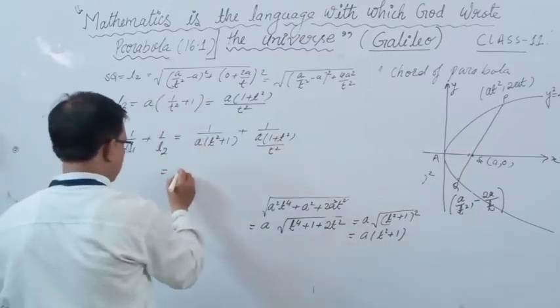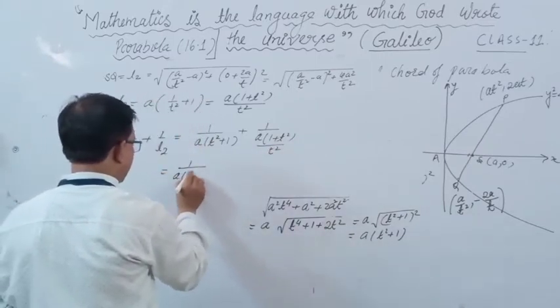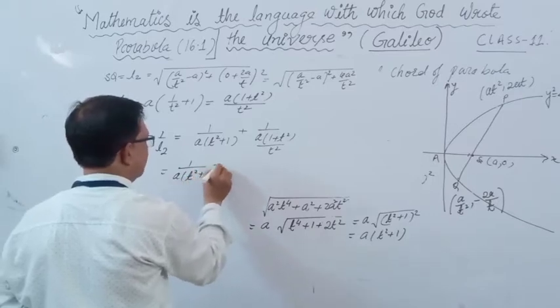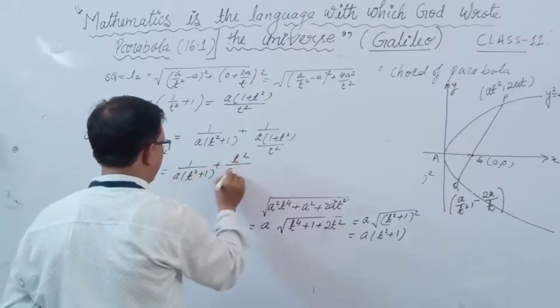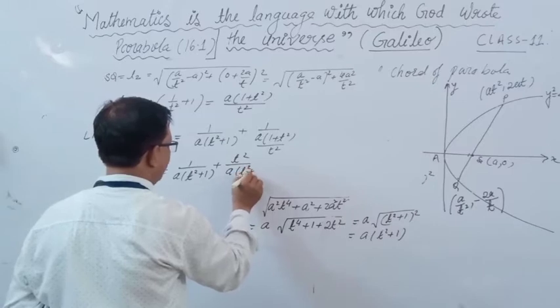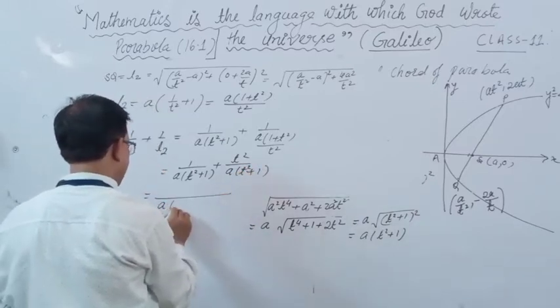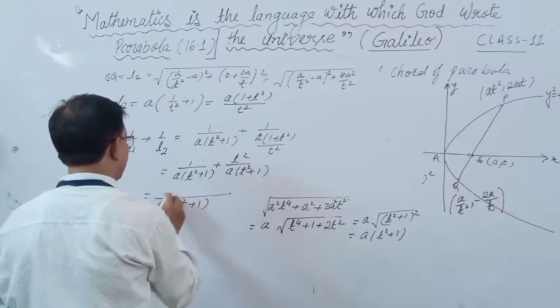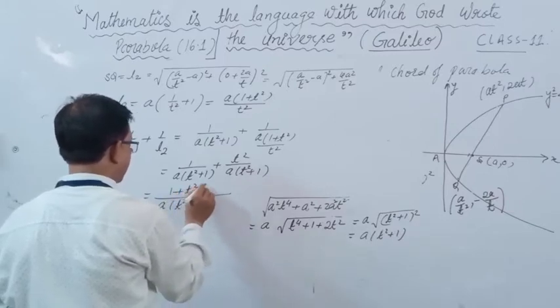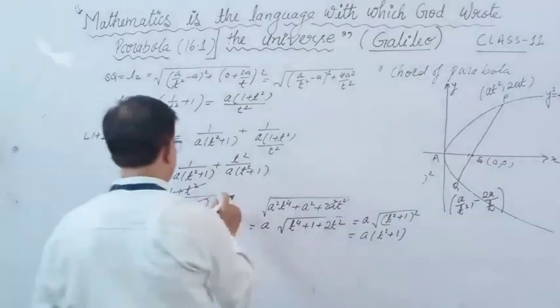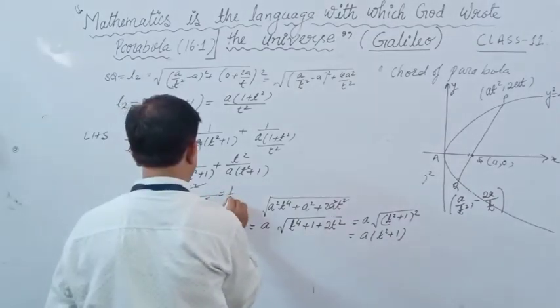So this is 1 upon a(t square plus 1) plus t square upon a(t square plus 1). Taking the LCM a(t square plus 1), and here 1 plus t square, this cancels out. So here we get 1 upon a.